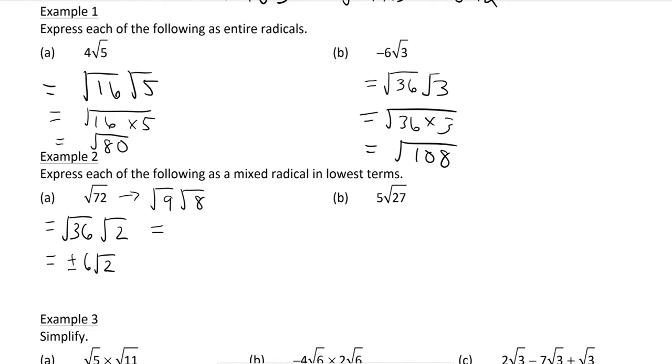Okay, so the square root of 9 is plus or minus 3, but the square root of 8 here, this is not the most simplified, because if you think about 8, can it be broken down by a value that is a perfect square? And the answer is yes, it could, because 4 times 2 equals 8, and 4 is a perfect square.